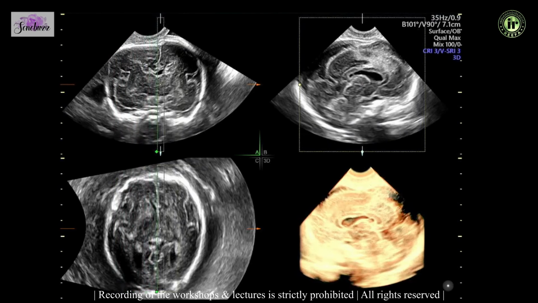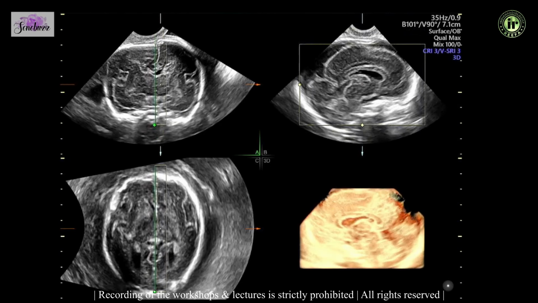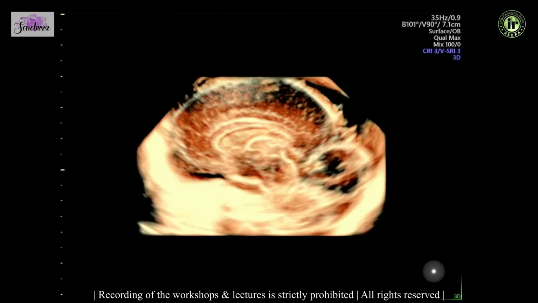And you will see the corpus callosum is beautifully seen here with HD live demonstration. So that's the corpus callosum seen very well here.